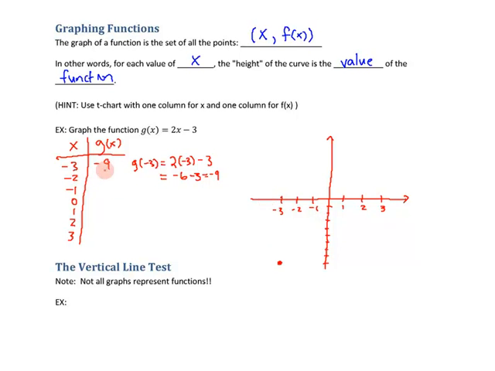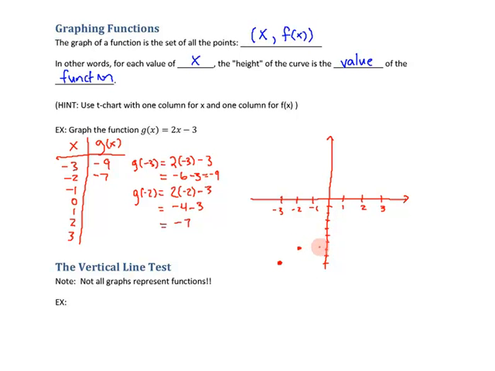Now I'll plug in -2. What is g of -2? Remember that we get that by plugging -2 in for x. So 2 times -2 minus 3 is -4 minus 3, or -7. So at -2 I have a height of -7, which is right there. 1, 2, 3, 4, 5, 6, 7.